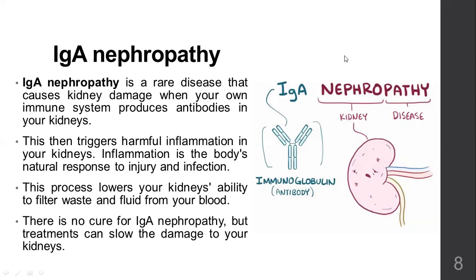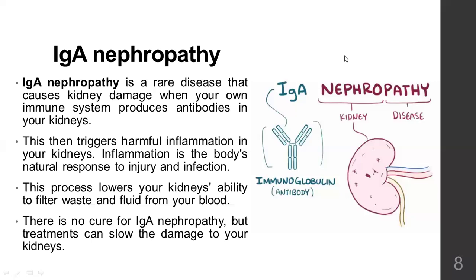This antibody should be produced when there is a pathogen, when there is a virus, bacteria, fungi. When microscopic pathogens are entering your body, antibodies should be produced to fight that specific antigen.